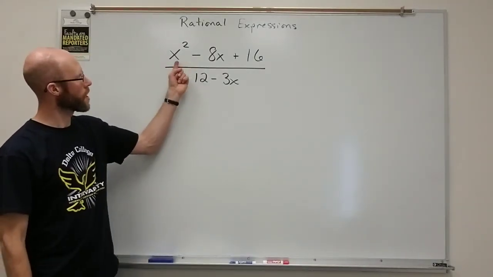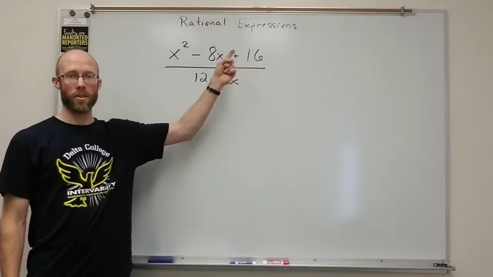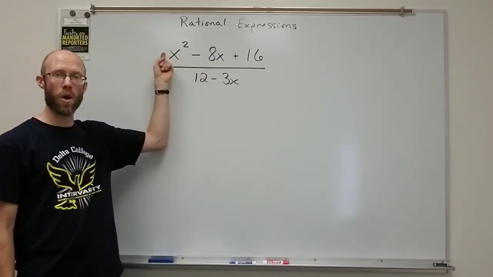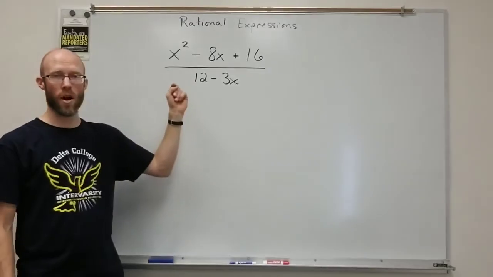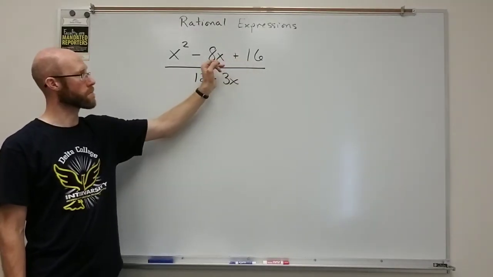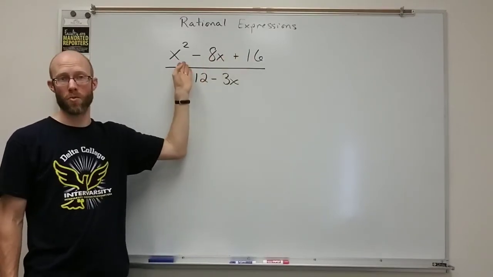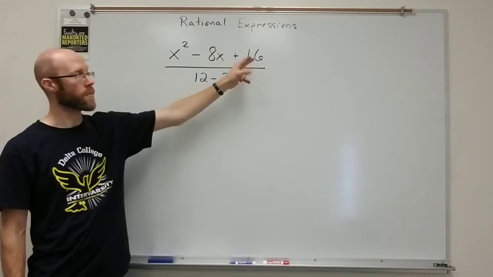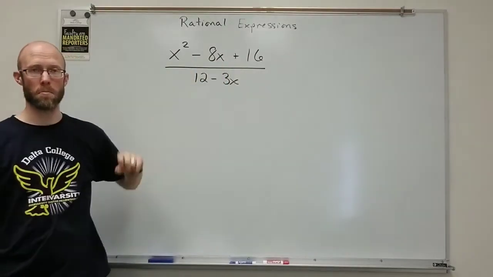Okay, so on this one, I want to factor the numerator first, and then the denominator. Numerator, trinomial, lead coefficient is 1. I could try to just factor by finding factors of 16 that add up to -8. This is also a perfect square trinomial. If you notice that the square root of 16 is 4, if you double it, you get the term in the middle.